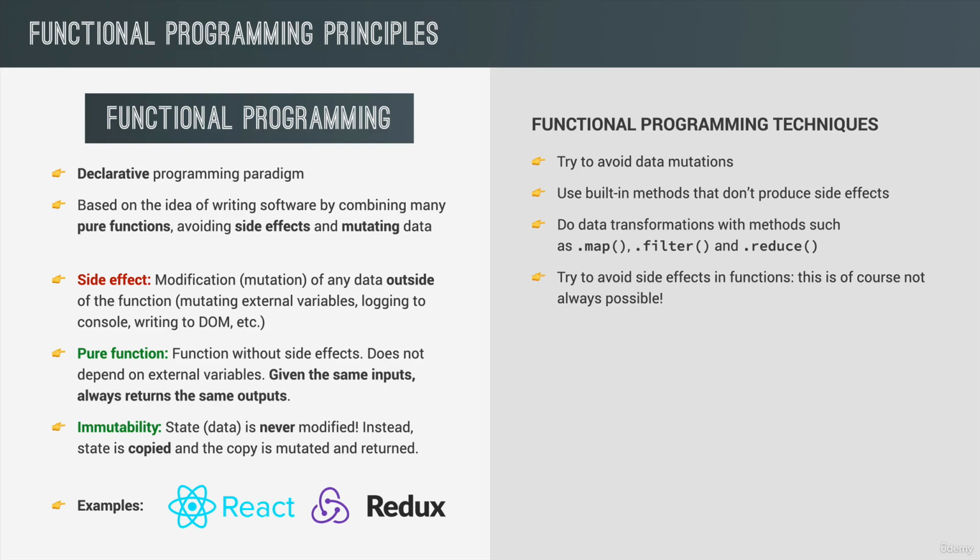Another thing that you can do is to always prefer built-in methods or functions that do not produce side effects over the ones that do. And this is really important for data transformations. Whenever you want to do that, you should use a method such as map, filter, and reduce.